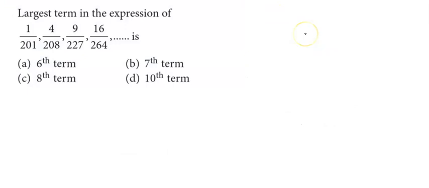The next question is we have to find the largest term in the expansion of this expression: 1 by 201, 4 by 208, 9 by 227, 16 by 264 and so on. If you observe, the numerator is a perfect square, so we can write the general term a n as n square by n cube plus 200.